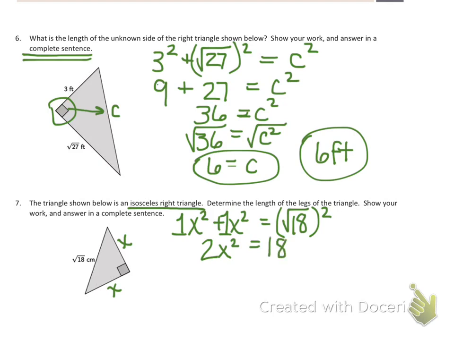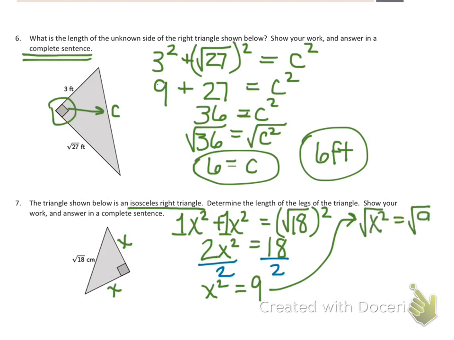Okay, so I can use properties of equality now. I can divide both sides by 2, and I'm going to get that x squared is equal to 9. Okay, so since x squared equals 9, then the square root of x squared is equal to the square root of 9, which gives me that x is equal to 3.